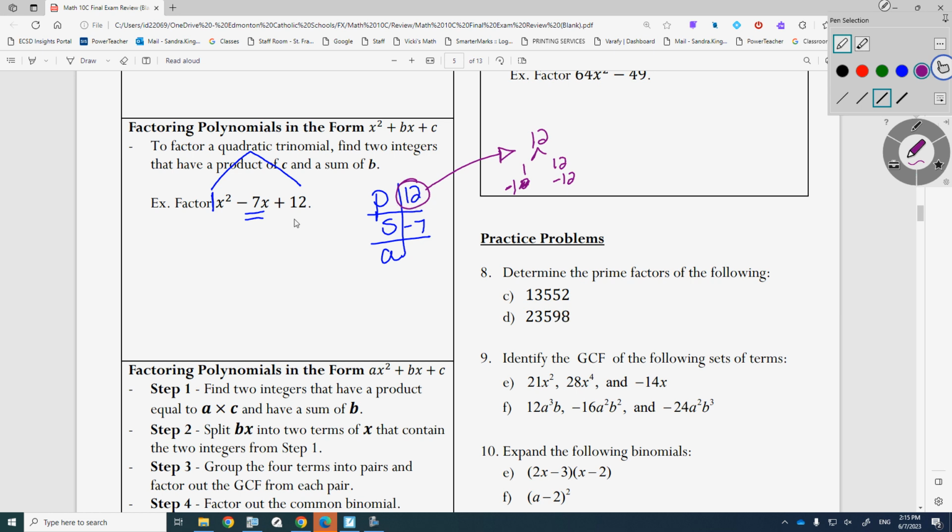Divide 12 by 2. 2 and 6 would multiply to give you 12. So would -2 and -6. Divide 12 by 3, and you get 3 and 4 will give you a product of 12. Same with -3 and -4. By inspection, you look at which two numbers would sum to give you the -7. So Richmond, what would be the answer by inspection?